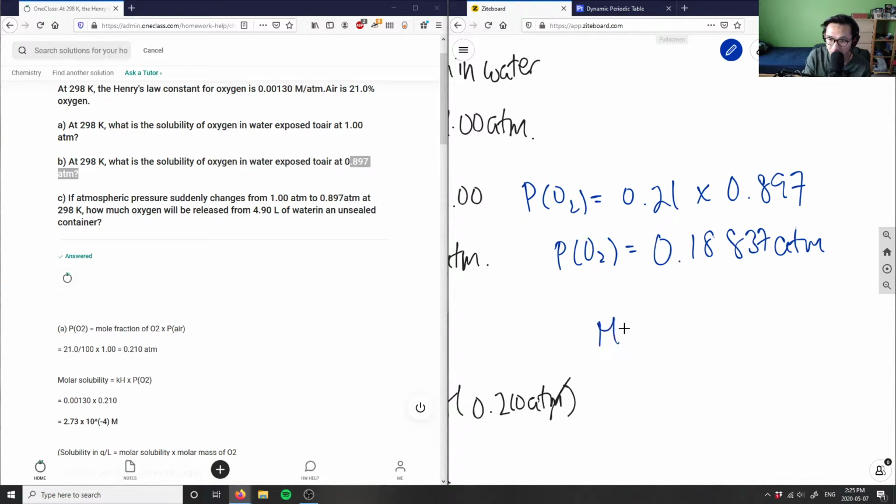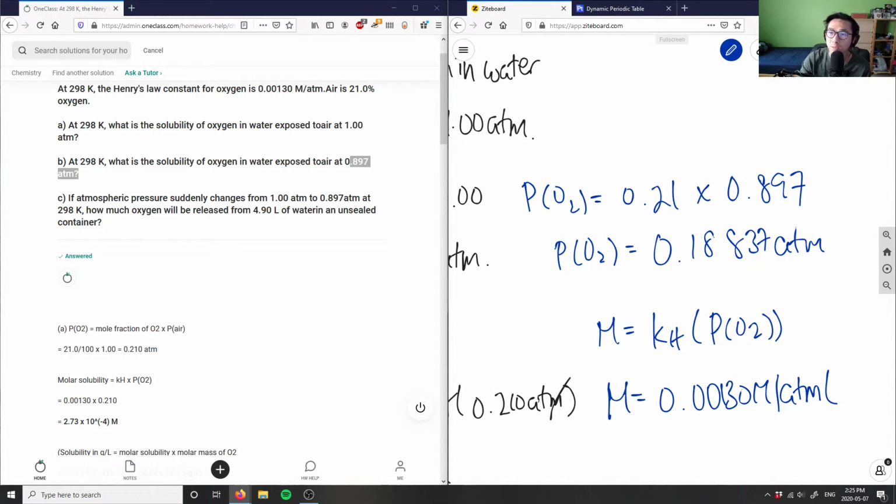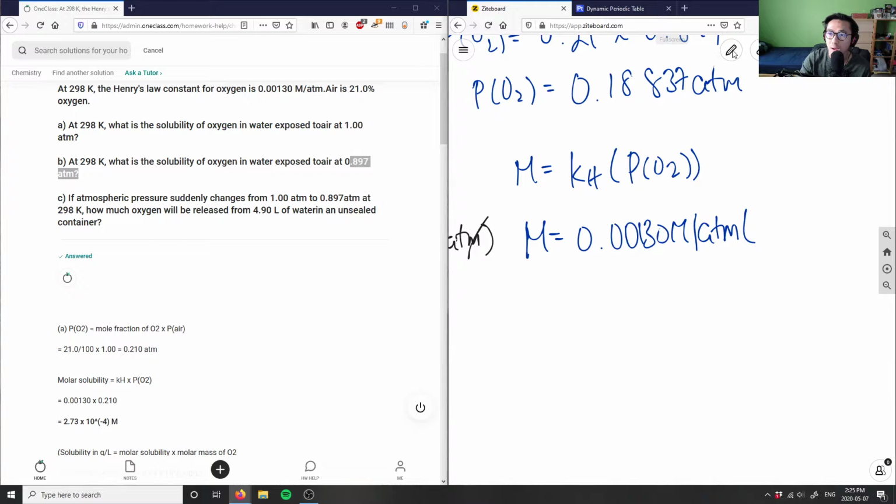The molar solubility equals Henry's constant times our partial pressure of oxygen. So the molar solubility equals 0.00130 molarity per atm multiplied by 0.18837 atm. Again, the atm cancel out, so I'm left with just molarity.